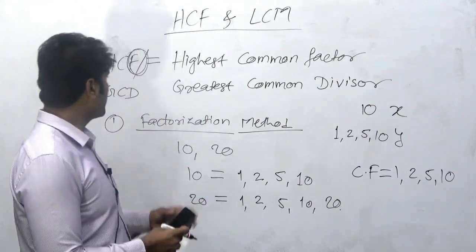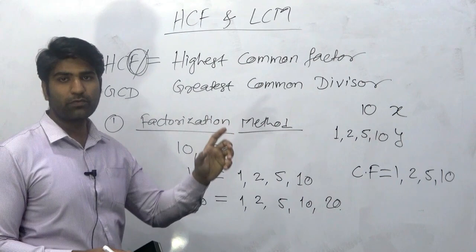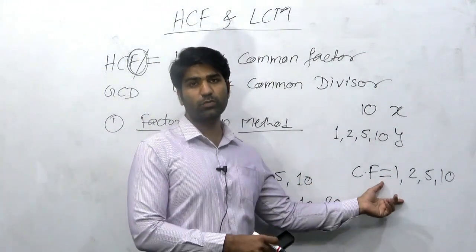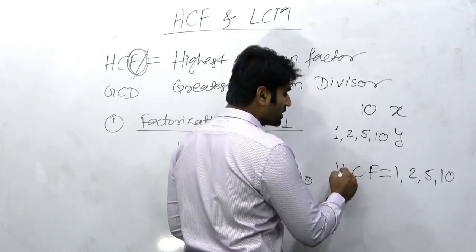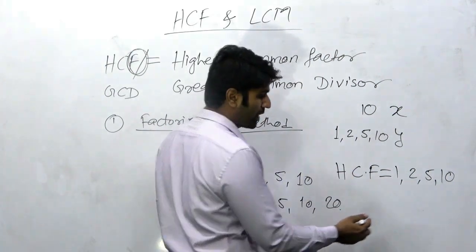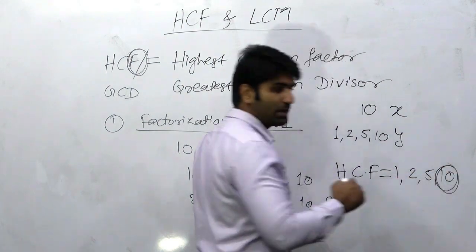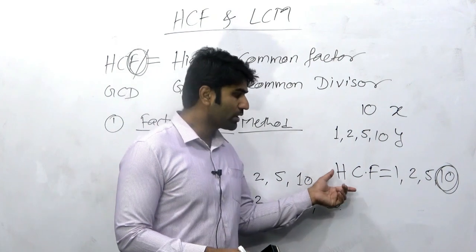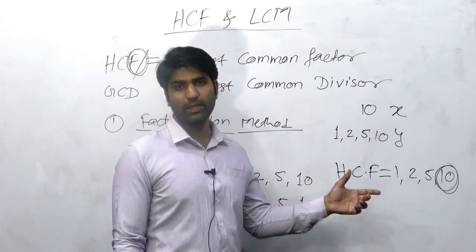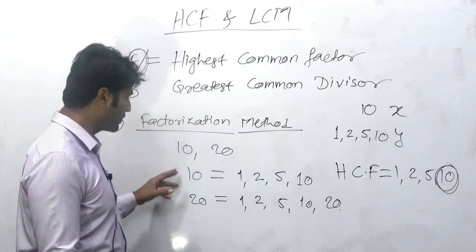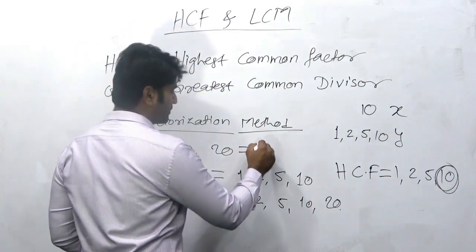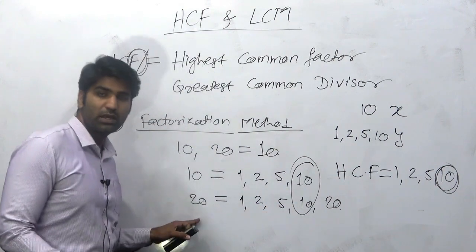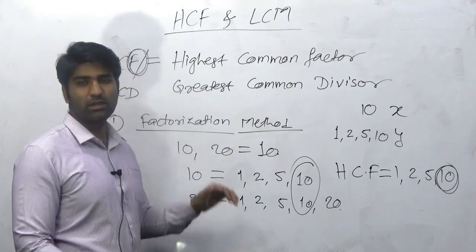Now we want the HCF, the highest common factor, so we take the highest of them. 10 is the highest common factor. So our answer is 10, because 10 is common in both the numbers as well as the highest.